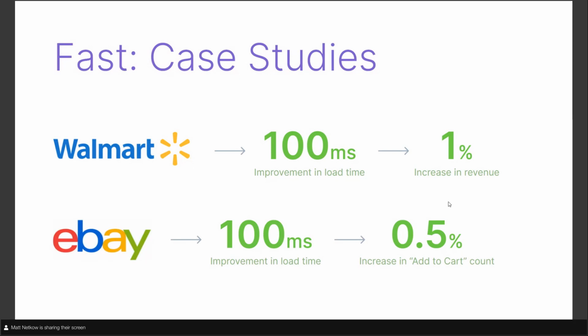And in the case of Walmart, they saw a 1% increase of revenue. And for eBay, their add to cart count, basically the number of products that were added to the cart, increased by 0.5%. Now, those are small numbers, of course, but whether your business is larger or smaller, that revenue impact is going to be huge by just shaving off some of that load time.